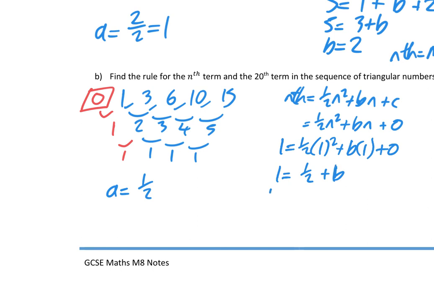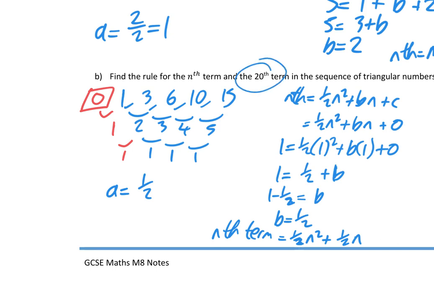And then take a half away from both sides, you're going to have 1 minus a half is equal to b, which means b is equal to a half. So your nth term here is equal to a half n squared plus a half n. And that's the nth term that I'm going to use to find my 20th term.